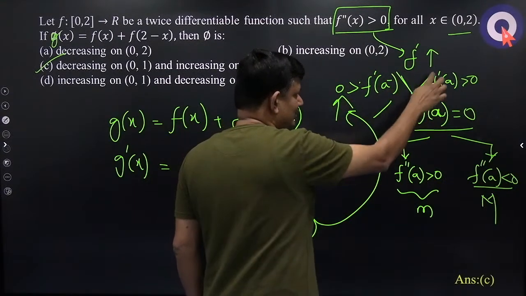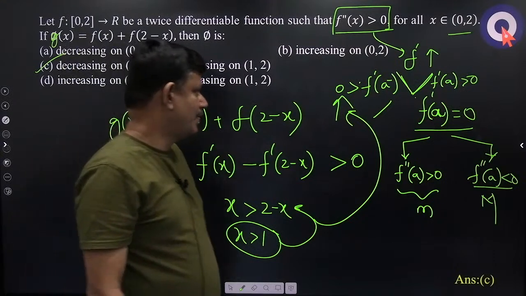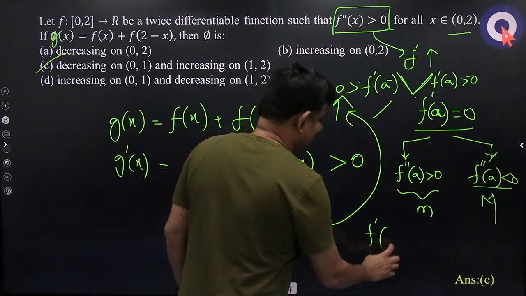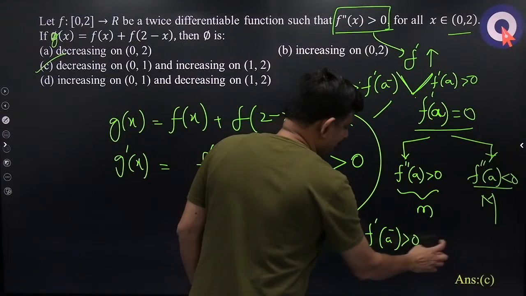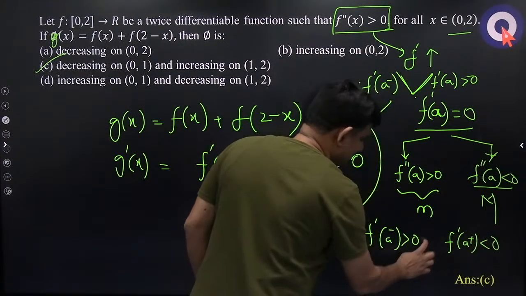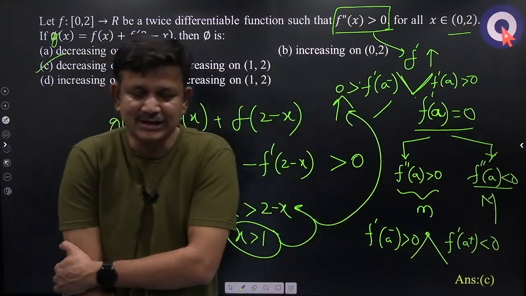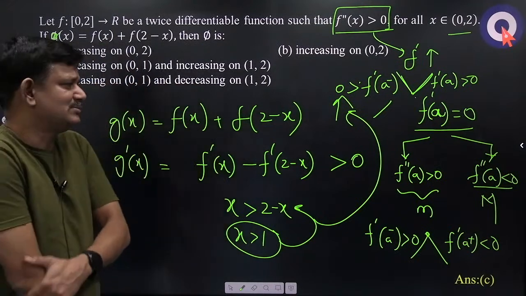Then this is how the curve will be, initially decreasing and finally increasing. It will be a point of minima. If f dash a minus is positive and f dash a plus is negative, initially positive, finally negative, it is a point of maxima. So the first derivative test you can use to find maxima and minima.